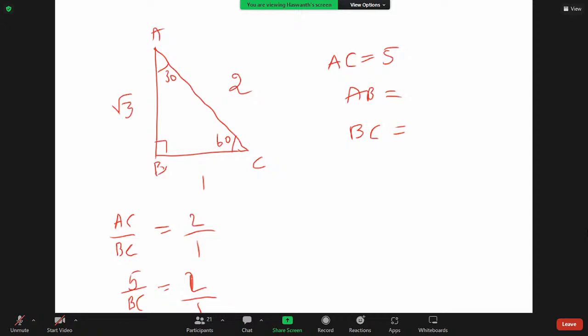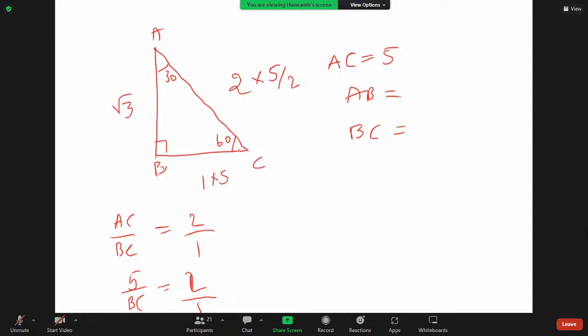Because multiplying all the terms in a ratio with a constant or dividing all the terms in a ratio with a constant will not affect the ratio. To make this 2 as 5, multiply by 5 by 2.